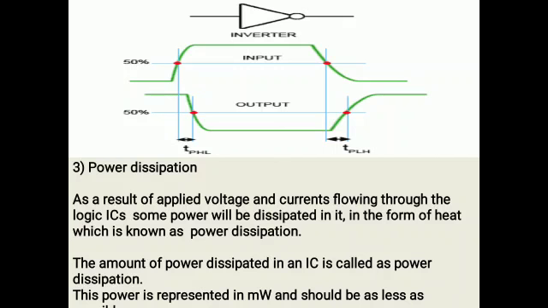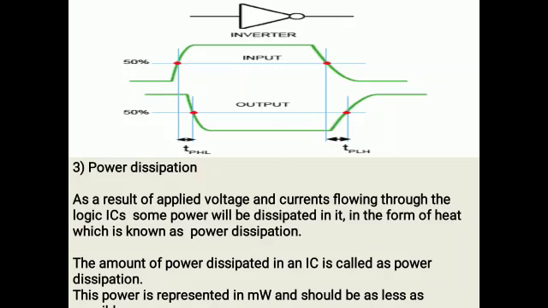Here the figure shows the input and output of an inverter, the NOT gate. When the input is 1, the output is 0. When the input is 0, the output is 1. Here the input is changing from low to high, so the output should change from high to low. But this is not at the same instant.